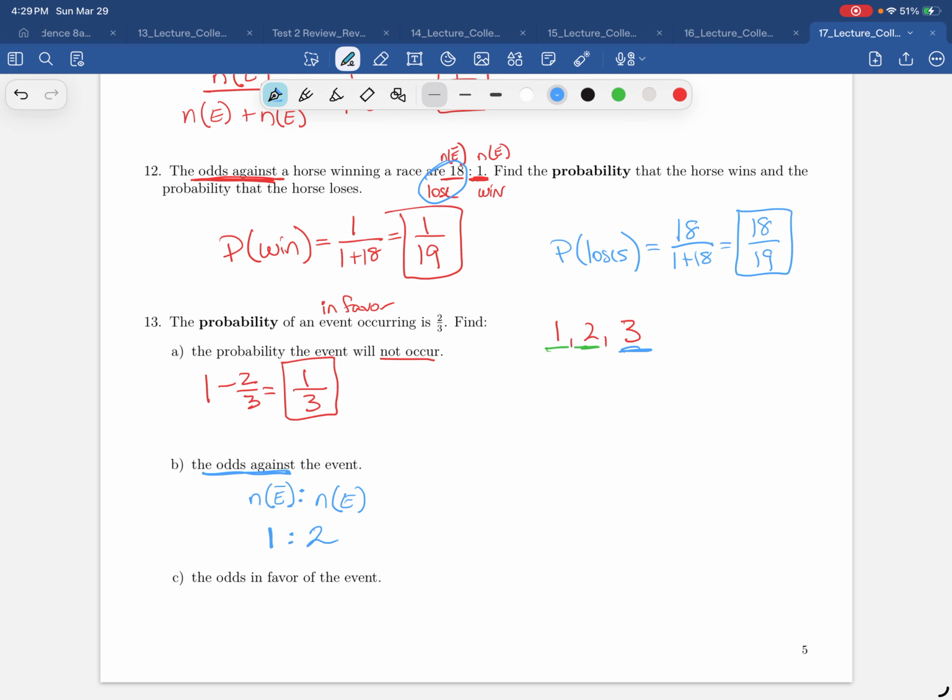We could even think about this as 1/3 to 2/3. And then what we would do to get rid of our fractions is actually multiply both of these times 3. So if I take this one times 3 and the one on the right times 3, I get back to 1 to 2. Okay? And remember, this is against the event. The first number is against, and the second number is in favor.